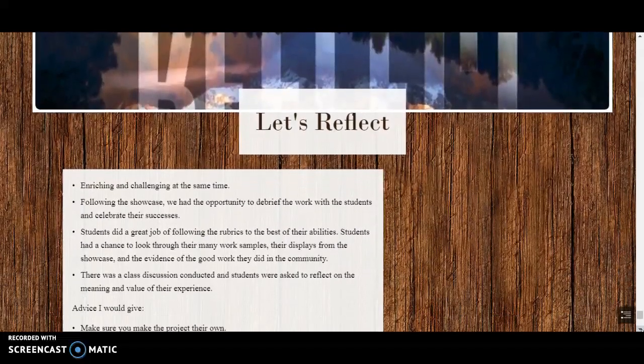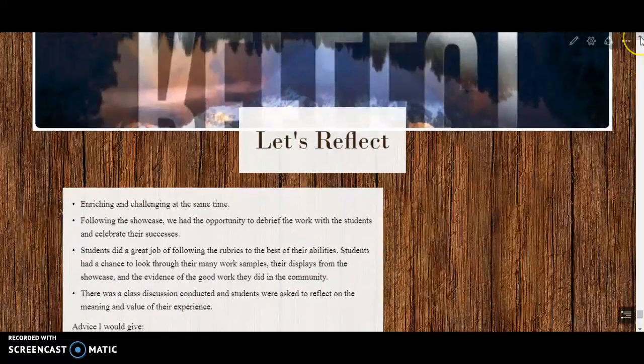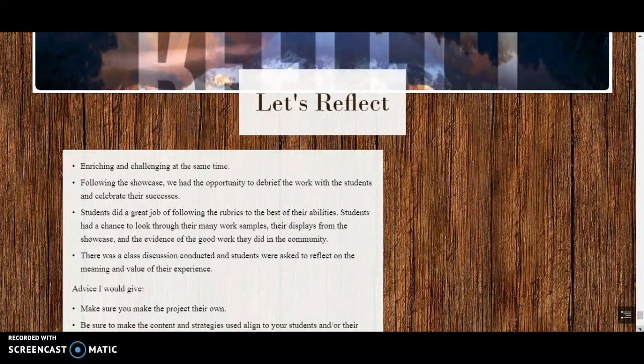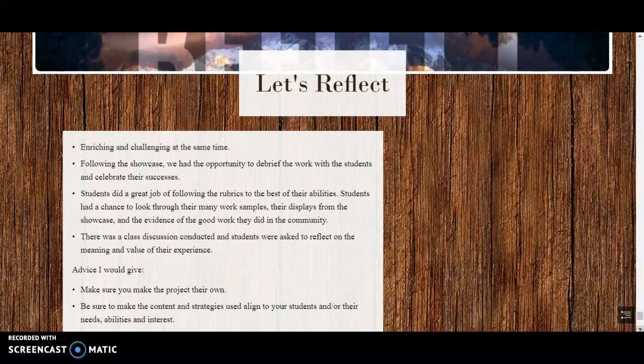Looking back on it, when I had an opportunity to reflect, this project was very enriching and challenging at the same time, not just for the students, but for me as a technology leader. I gained a wealth of knowledge, things that I would do and would not do in the future. It also gave me an opportunity to get back into the classroom, really deep into the classroom, and help out the teacher.